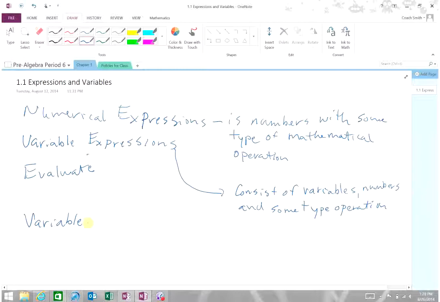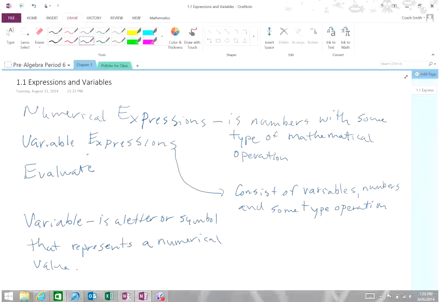A variable is a letter or symbol that represents a numerical value. Okay? A variable is some type of letter or symbol, usually a letter, that represents some type of numerical value.